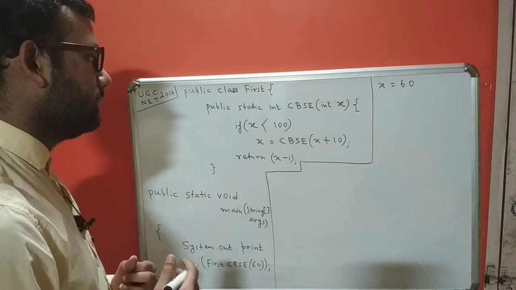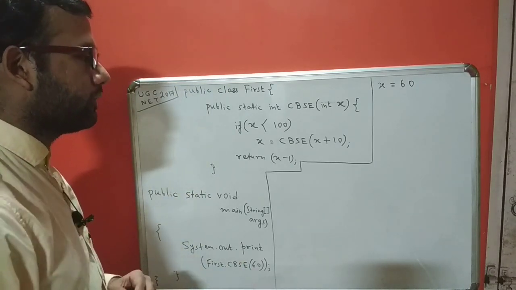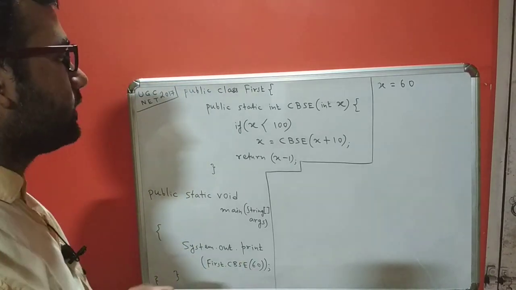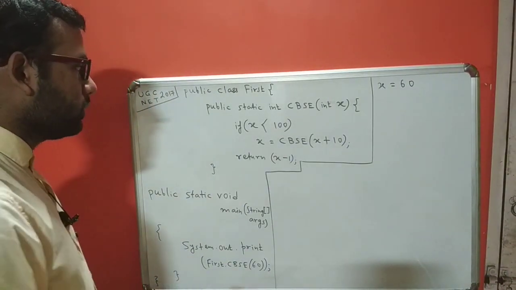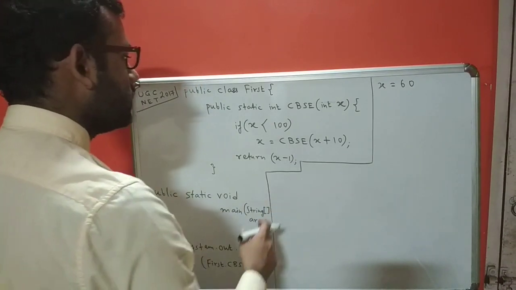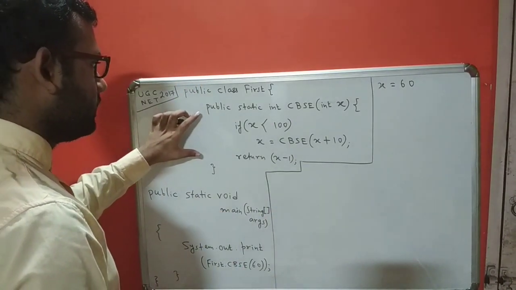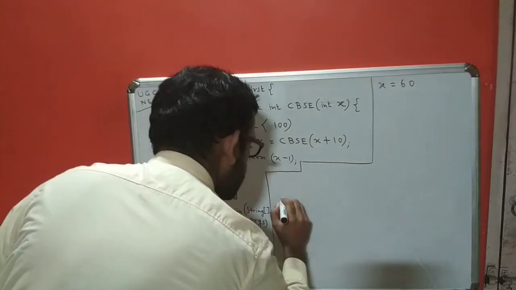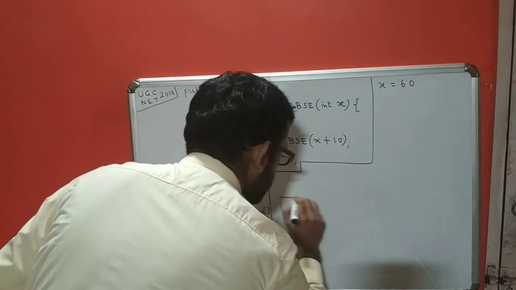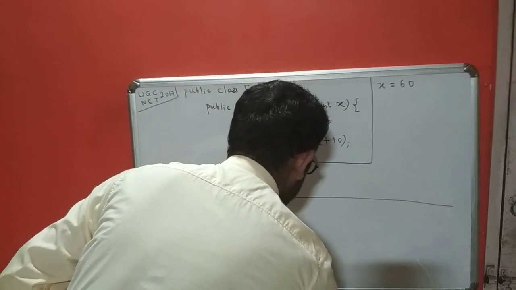That means the last element to be pushed onto the stack is the first one to be popped, or the first element pushed is the last one to be popped. So in order to find the output of this method, we need to make use of a stack. I'll show my stack horizontally due to lack of space.